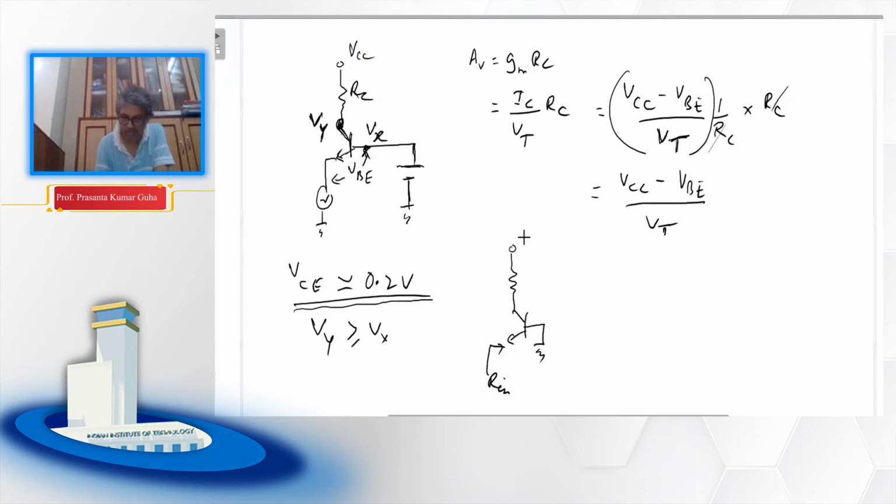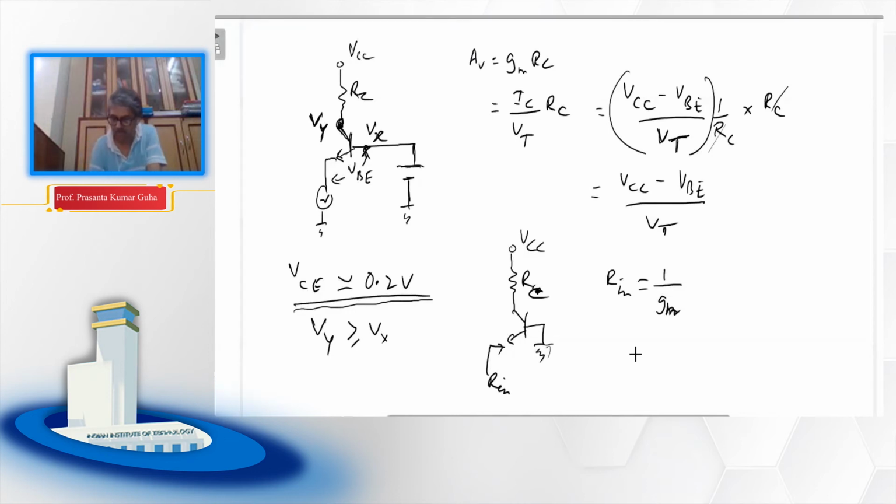Rin will be 1 by Gm, isn't it, that we have discussed long ago. If you see from here, and if your base is AC ground, then your Rin here is 1 by Gm.